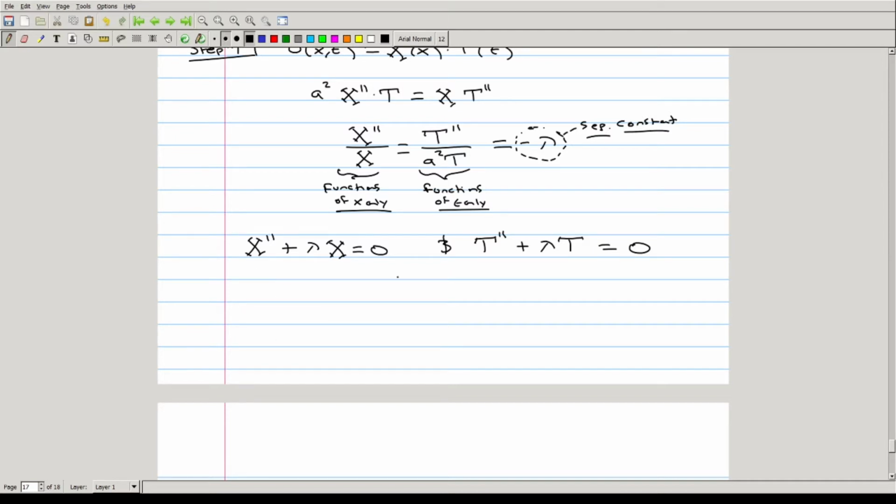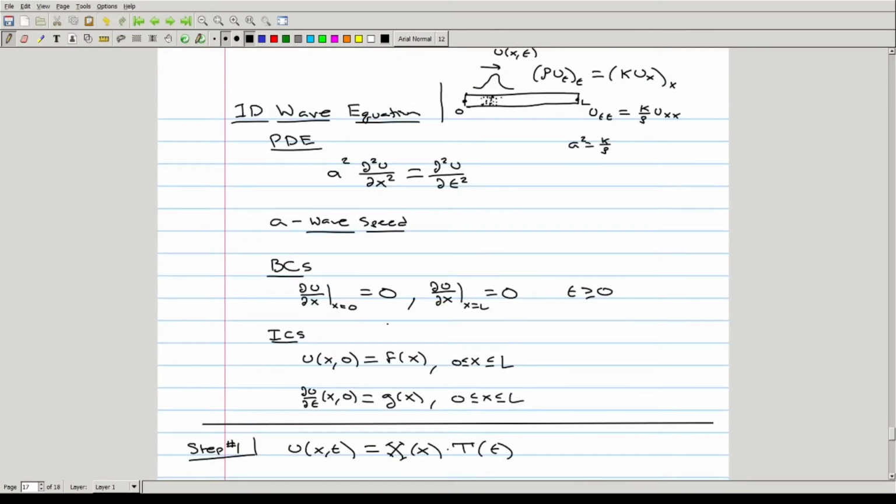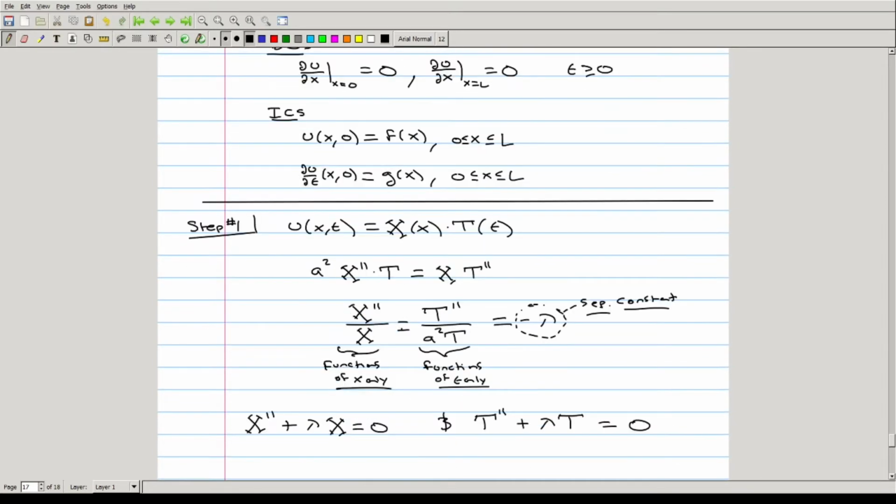And we have suitable boundary conditions, specifically that the derivative of u with respect to x at 0 and at L both have to be equal to 0.